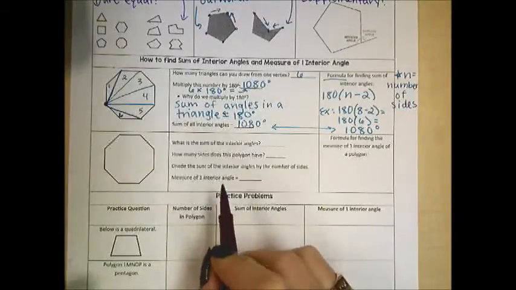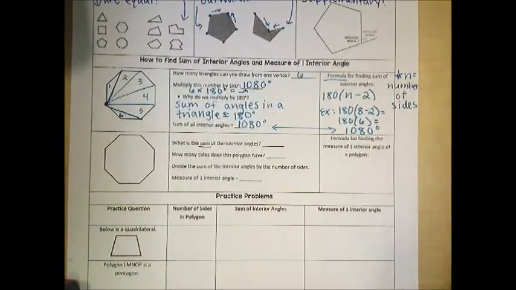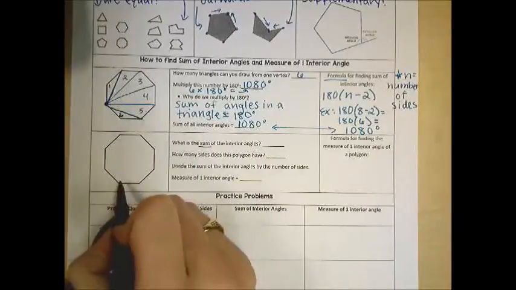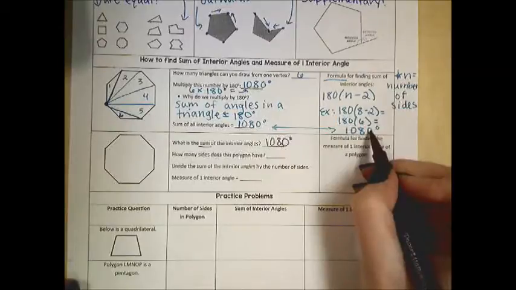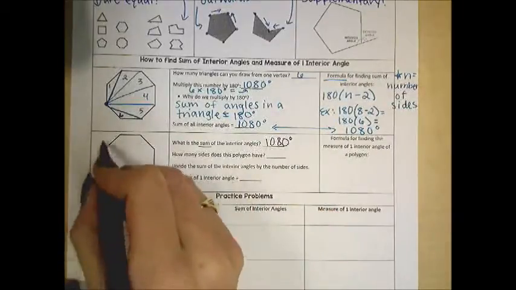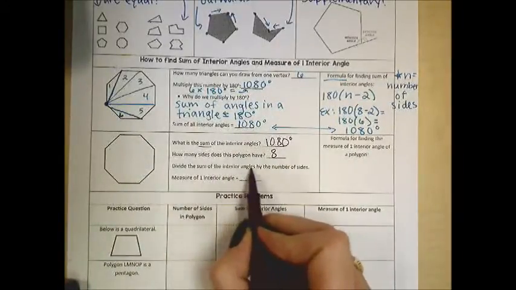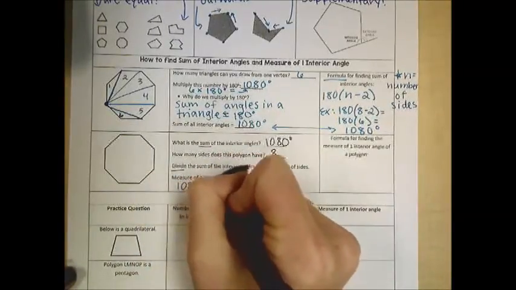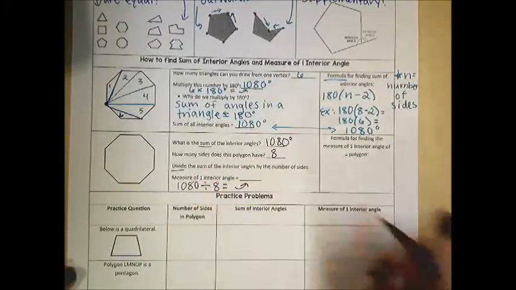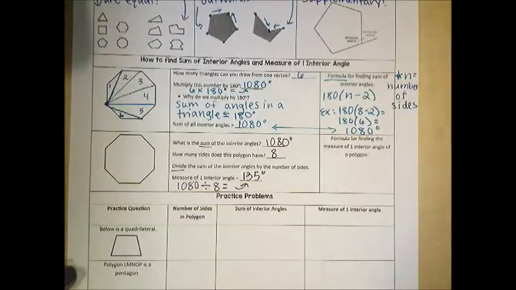To find the measure of just one of the interior angles, I need to start out with the sum of all the interior angles. This is the same shape up here, an octagon, so I know that it is 1080, because I already found it up here. How many sides does it have? If I count again, I see there are 8 sides. So what I want to do is divide the sum of the interior angles by the number of sides. So I take 1080 divided by 8, and that equals 135 degrees.